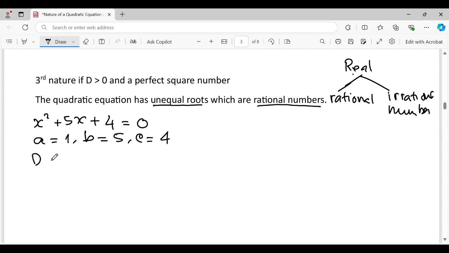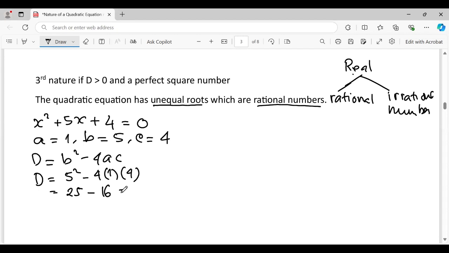So discriminant equals b squared minus 4ac, which is 5 squared minus 4 multiply 1 multiply 4. 25 minus 16 equals 9. 9 is a perfect square number. Why? Because square root 9 is equal to positive or negative 3.